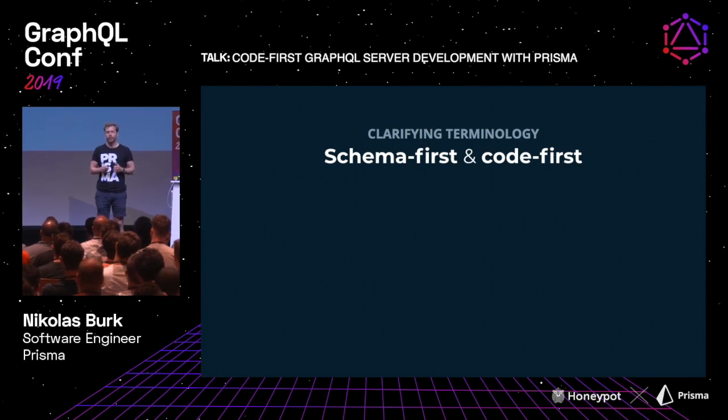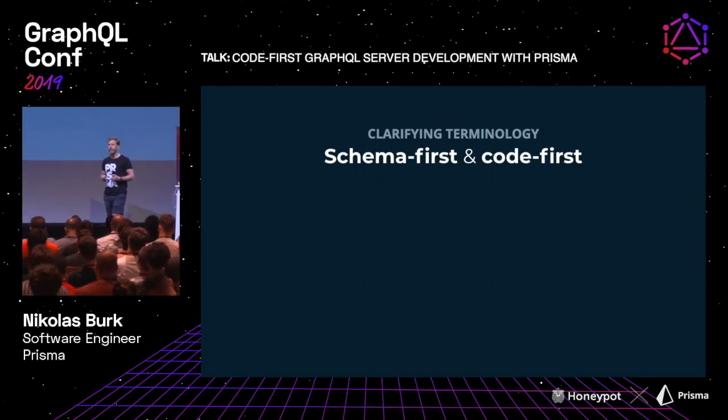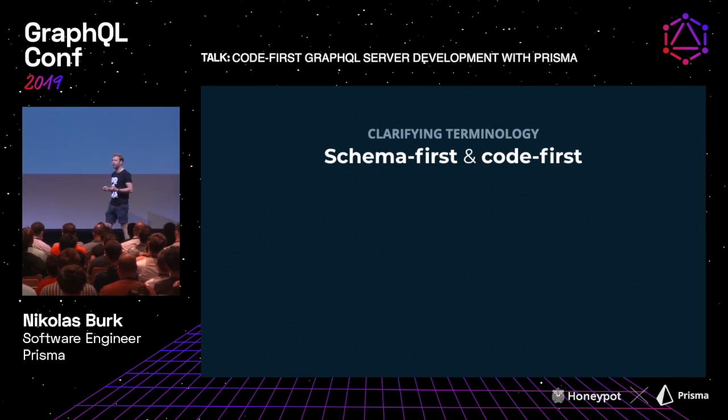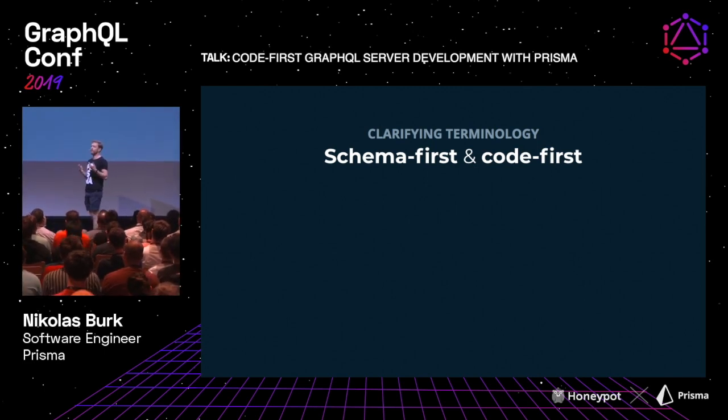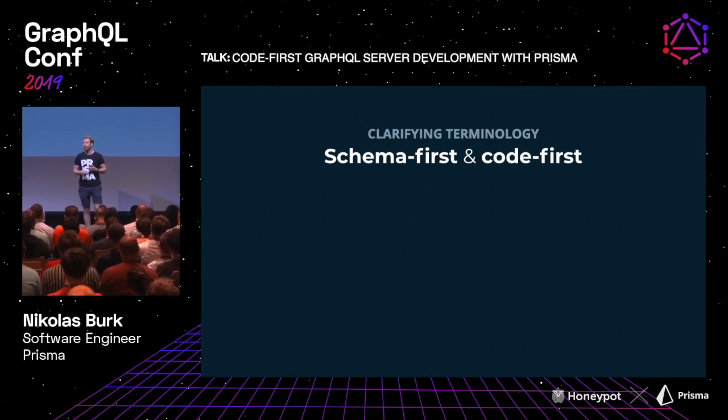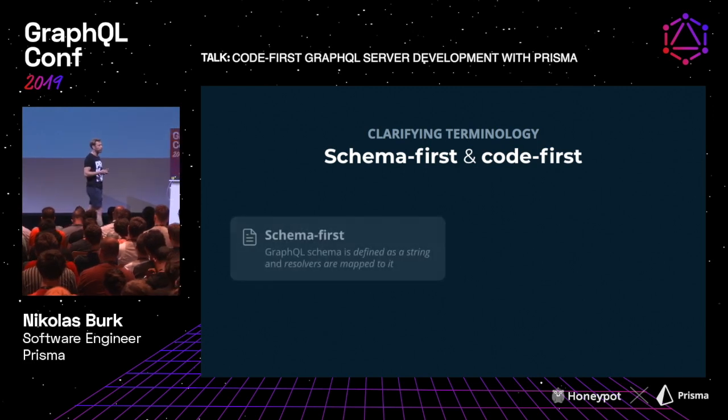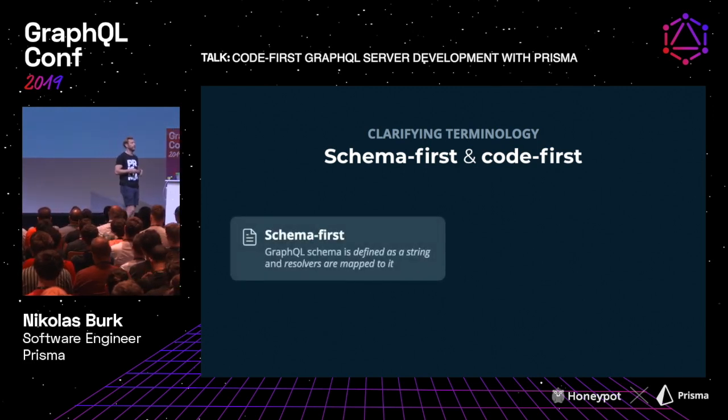I want to use this talk as an opportunity to clarify terminology around code-first and SDL-first GraphQL schema construction. We have fairly often heard the term schema-first, where the GraphQL schema is basically defined as a string. The schema definition is defined as a string, and then you implement resolver functions in your programming language, and you map those resolvers to the schema definition.